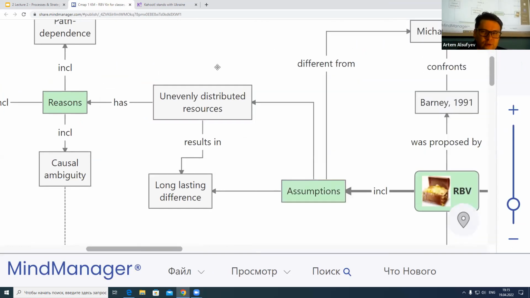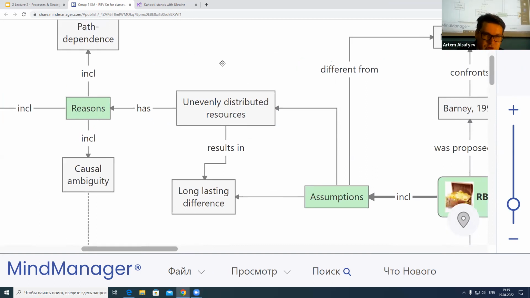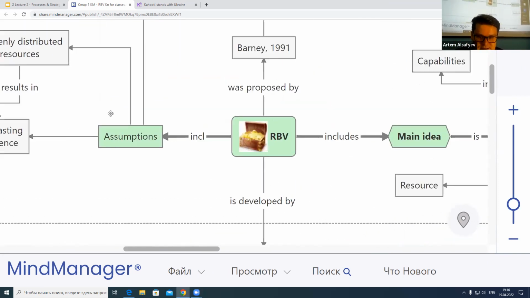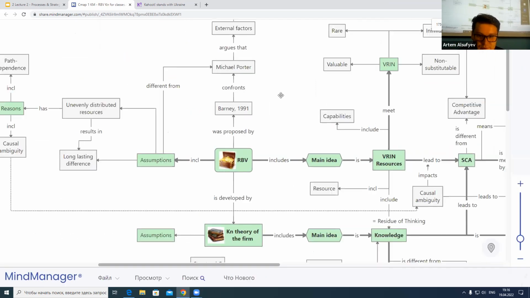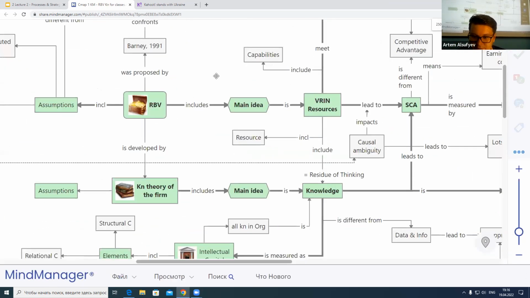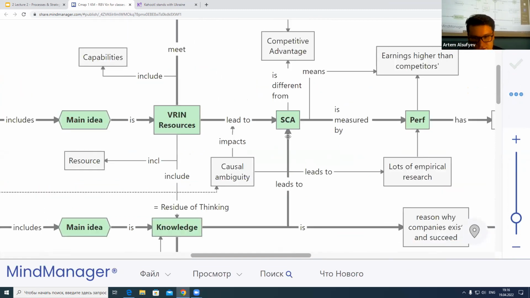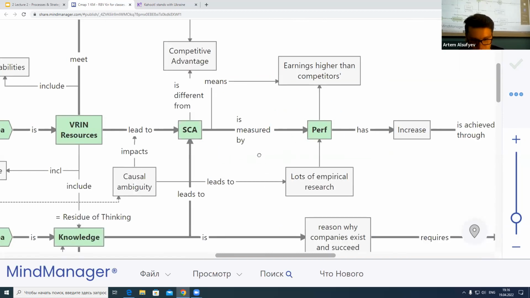Unevenly distributed resources, meaning that not all employees are of equal importance for us, and that employees are going to have different levels of knowledge, expertise, and value, which leads to long-lasting differences in their productivity, for example. And the main idea: we have valuable, rare, inimitable, non-substitutable resources that lead to sustained competitive advantage or performance. In the end, performance.